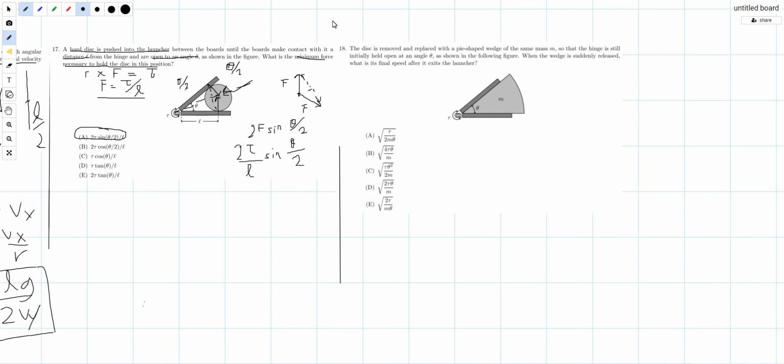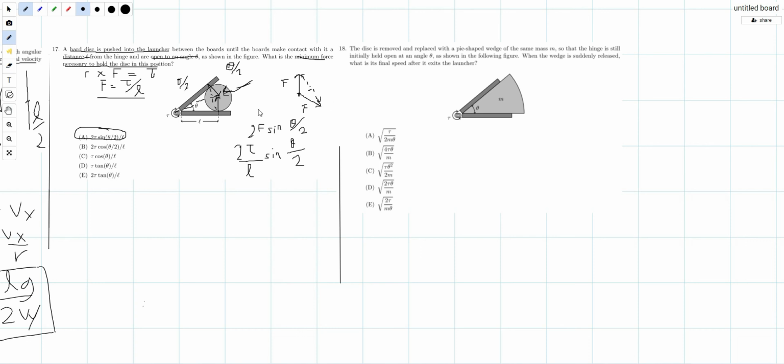Now finally, number 18. Or let's recap this first. So what do we do in this problem? We first converted our torques into forces, and then we drew a free body diagram, which we then used to find out the net force due to the boards and figured out what force we need to apply to cancel out that net force exerted by the boards.